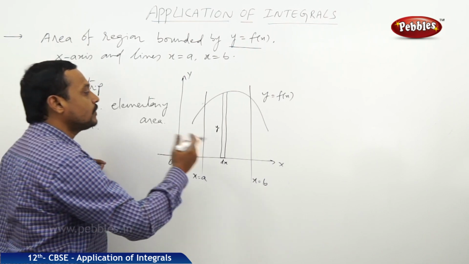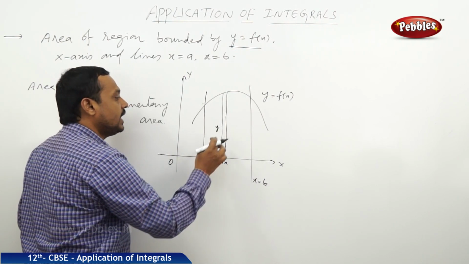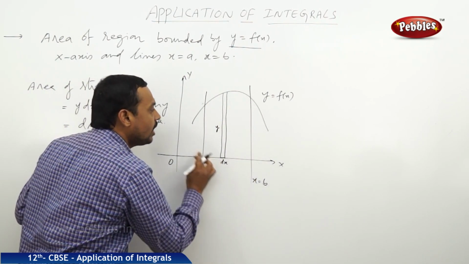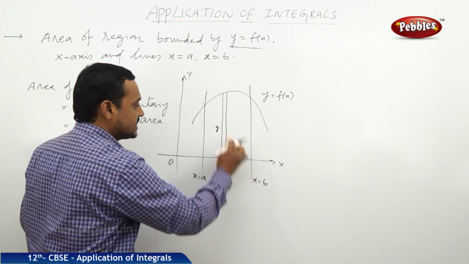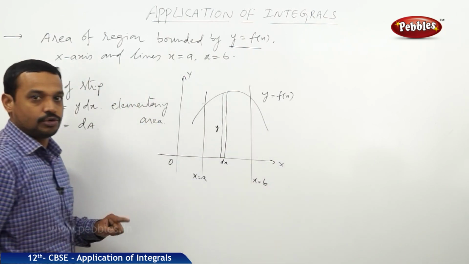Now the sum of those elementary areas gives rise to the area of the region bounded by the curve y is equal to f of x with the x-axis and x is equal to a, x is equal to b.